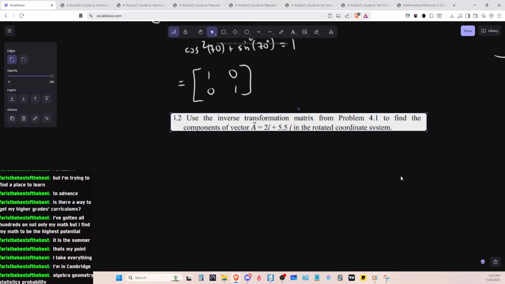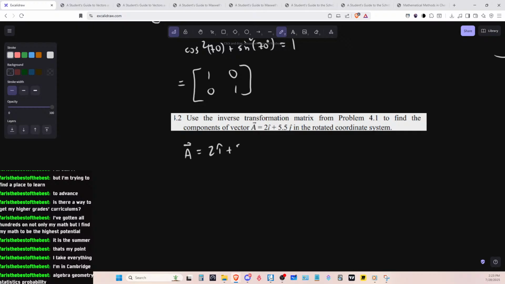Use the inverse transformation matrix from problem 4.1 to find the component vector in the rotated coordinate system. Okay, so we have A. We have to use the transformation one, so I believe that is cosine, sine of theta, negative sine of theta in the second row, and cosine theta.